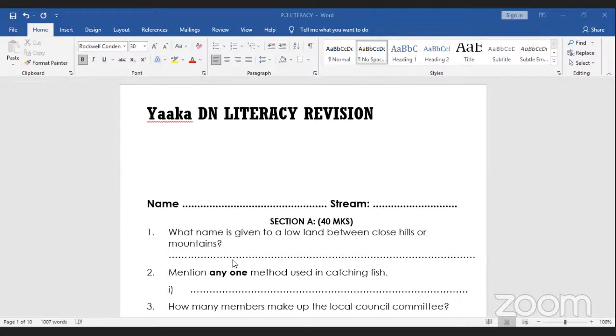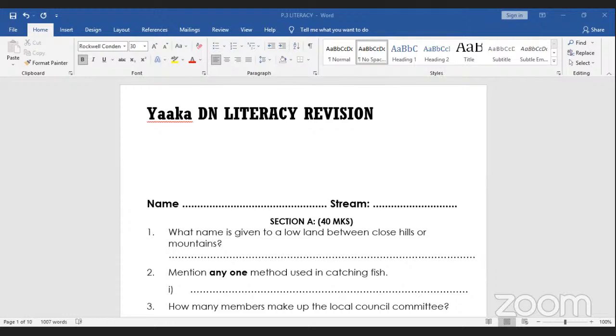When they bring it in a paper, it is a combination, so you have to be ready for everything. Even though it is literacy 2, it is still in the P3 paper.